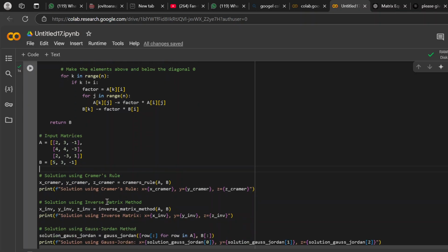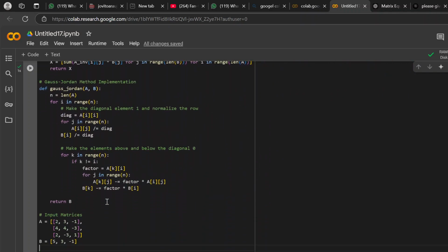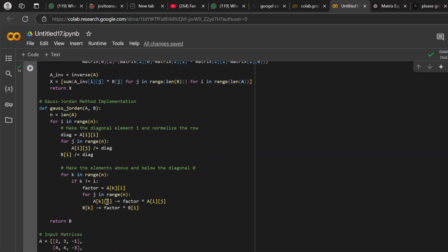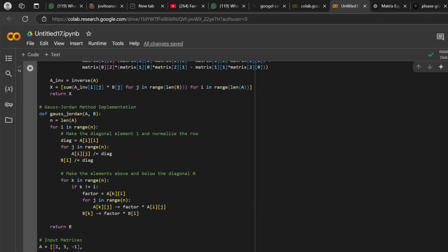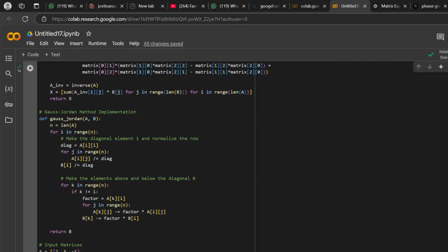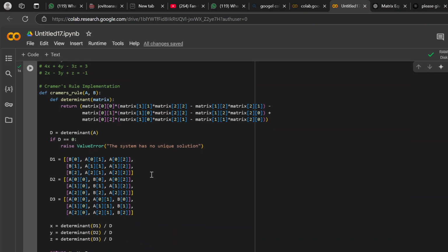After we finish this code, we just call the function, not a function but the variable, like this: x Kramer, y Kramer, z Kramer equals Kramer rule A B. This is for this one.